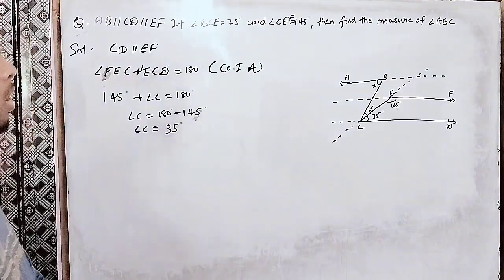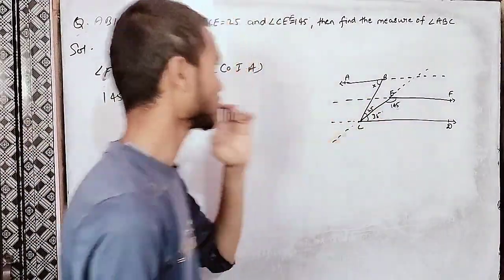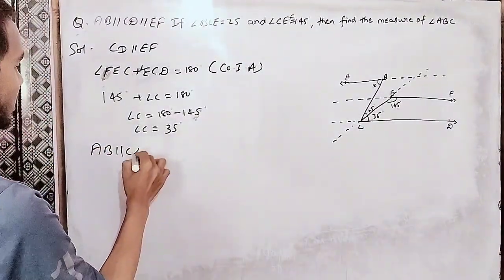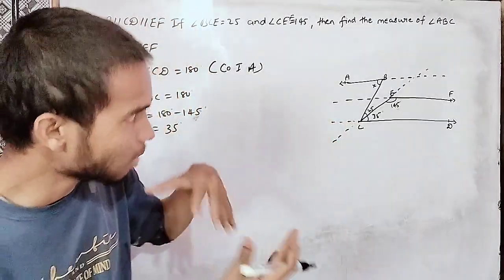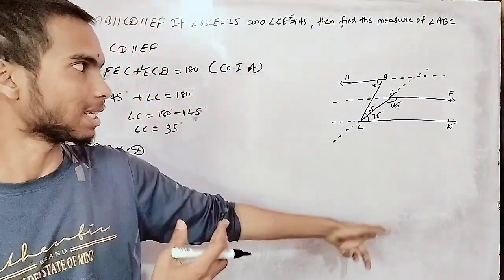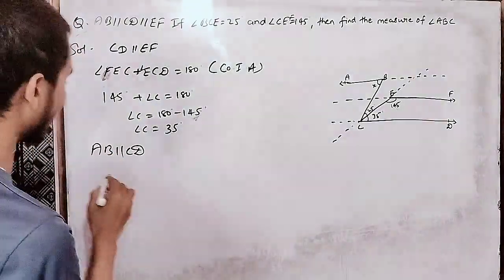Now the question is saying find the value of x. AB is parallel to CD. Can we say the value of x is equal to the value of angle C? The reason is alternate interior angles.